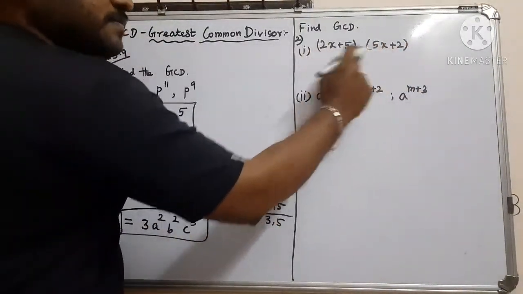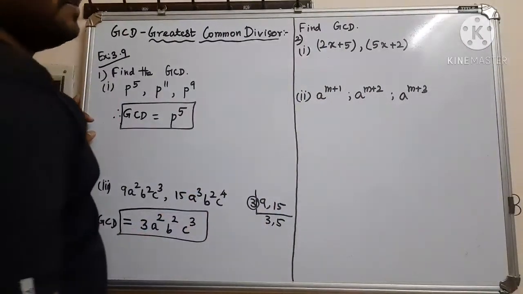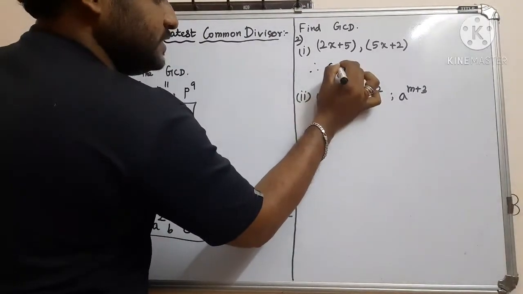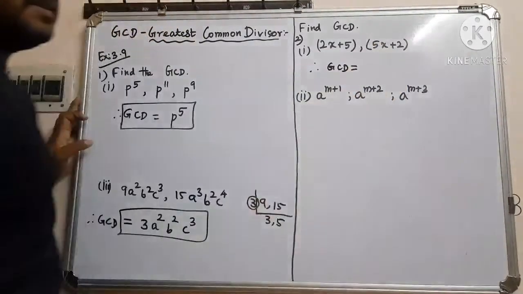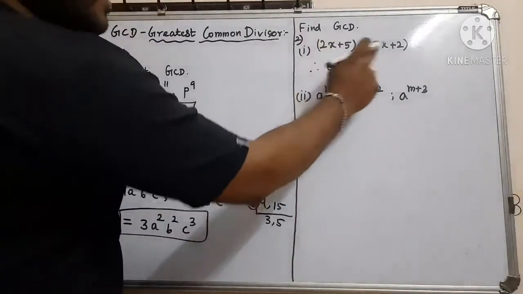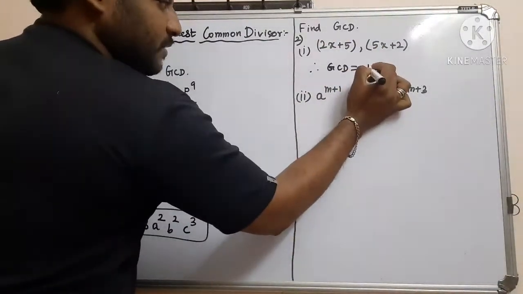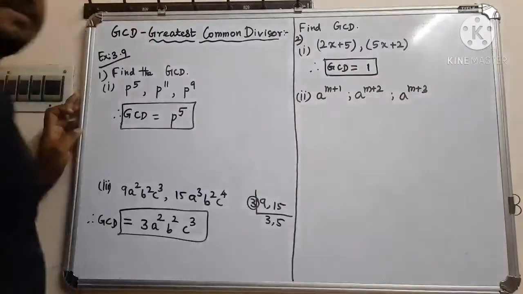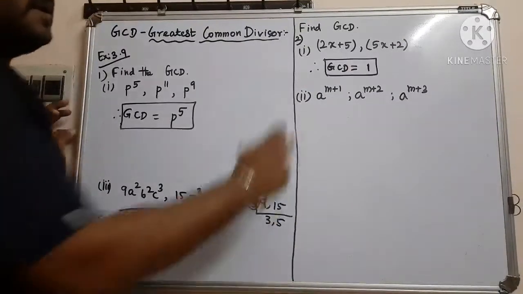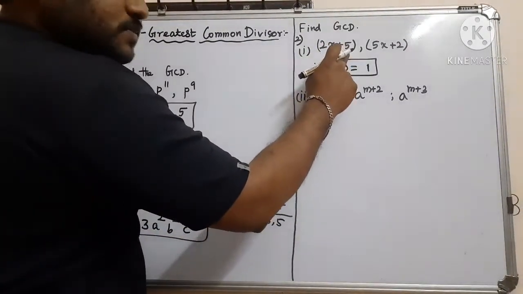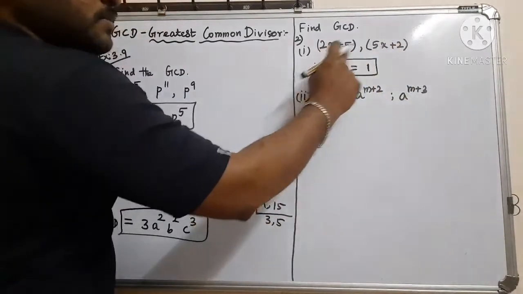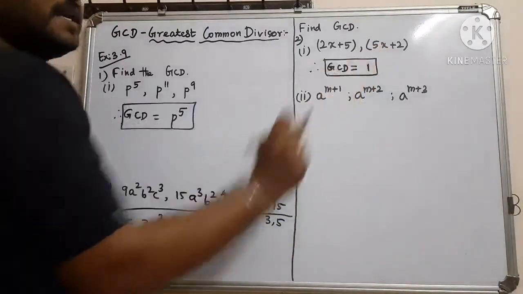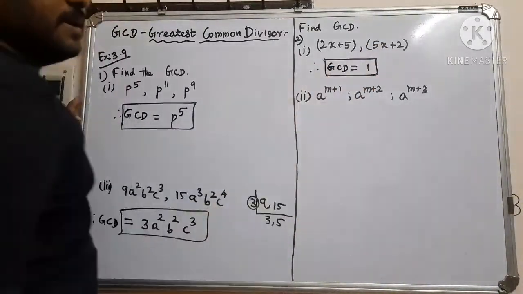Check both terms. There is nothing in common here. If nothing is common, you have to write 1 as the GCD value. Both terms have nothing in common, so you have to take the value 1. So GCD is equal to 1.